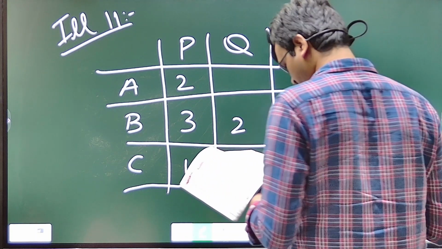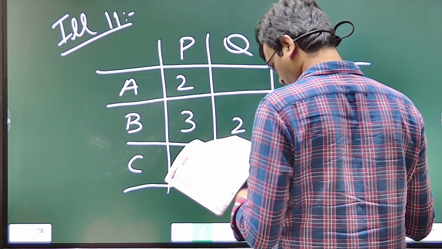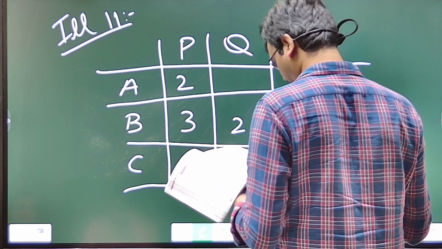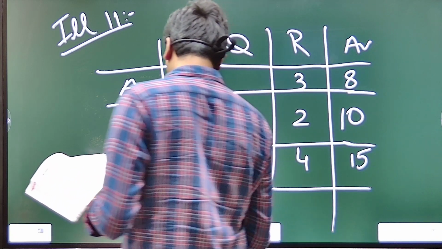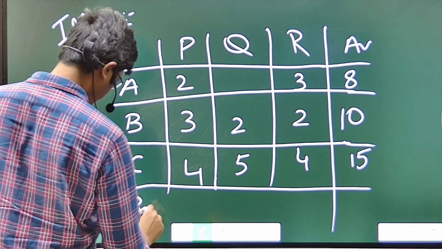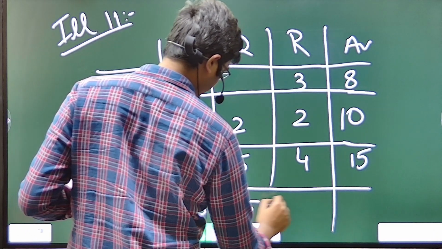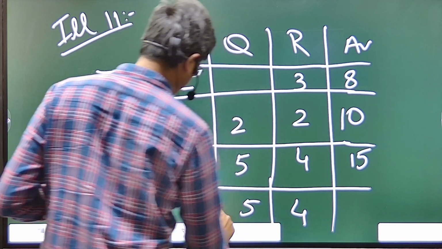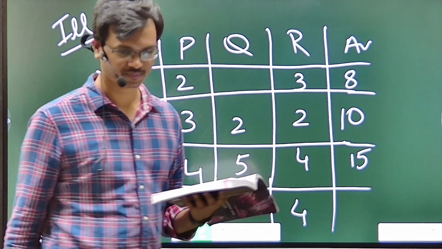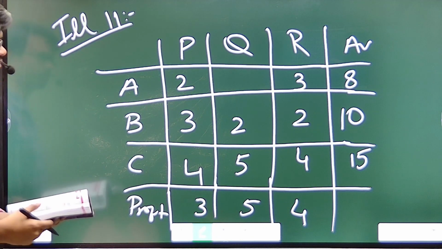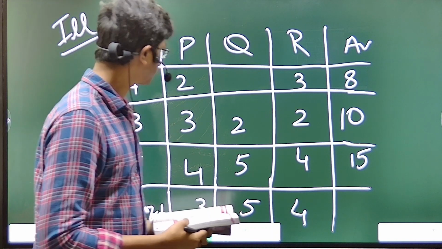The company has 8 units of A, 10 units of B, and 15 units of C. This is the available material, and here you have the profit, which he has given as 3, 5, and 4. Based on this, can you give me the objective function and the constraints? What will we assume as variables?